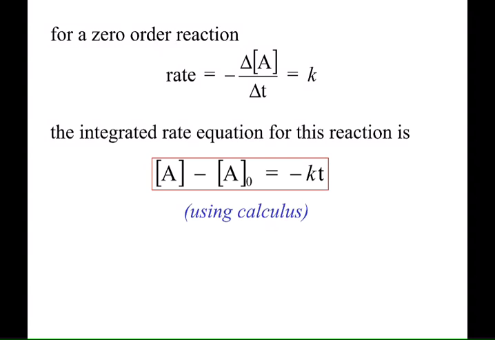With a little bit of calculus, we can go from rate is equal to negative change in molar concentration of A over time, which is equal to K. We can integrate that and come up with, for zero order, and this is something I am going to write on the board: we have this relationship between the molar concentration of our reactant A, the initial molar concentration of our reactant A sub 0, the time T, and K, the rate law constant. So this is zero order.